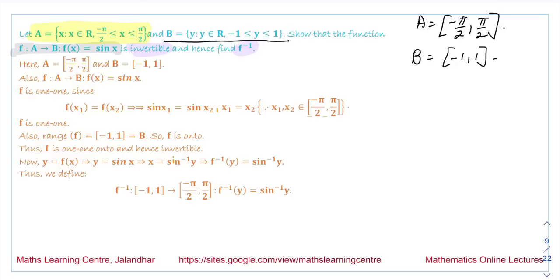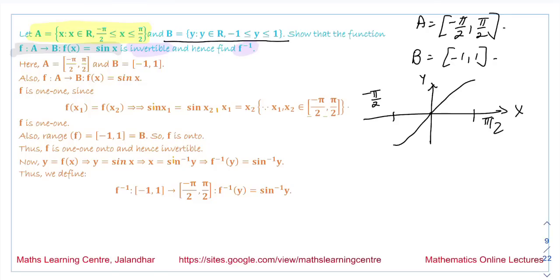Now to prove that this function is invertible, we have to prove that this function is 1-1 and onto. If we plot the graph of sin x from the interval minus pi by 2 to pi by 2, we obtain that the graph of this function is of this form. This is our y-axis, this is our x-axis.